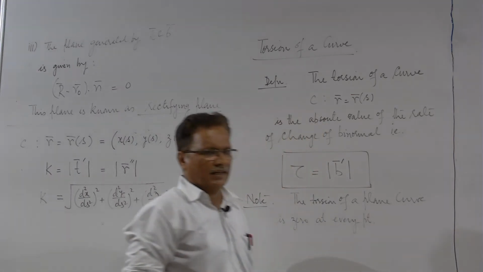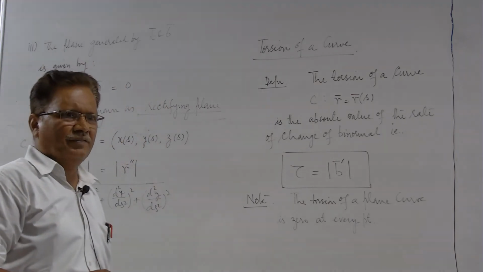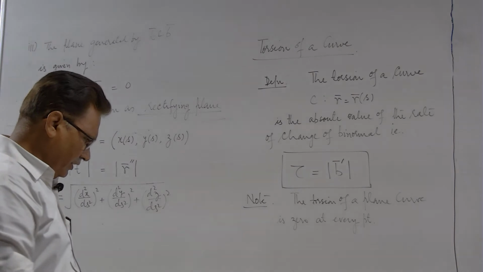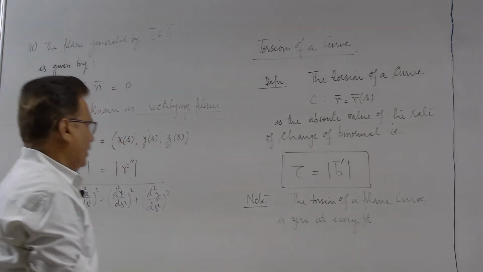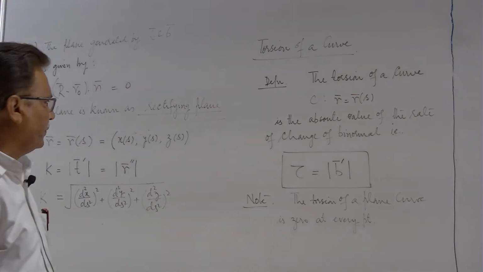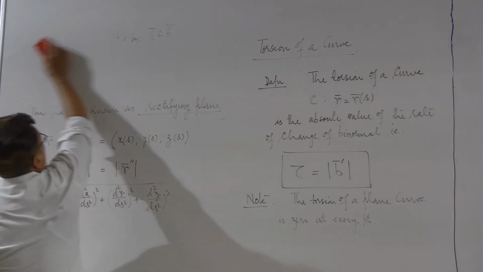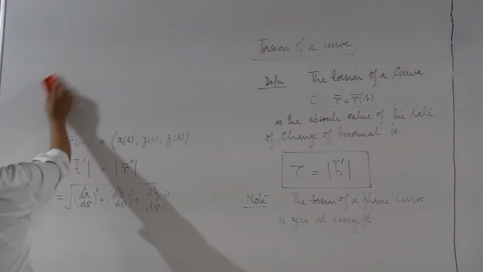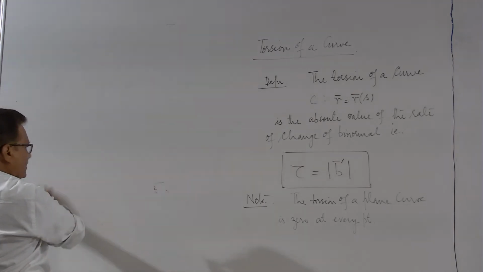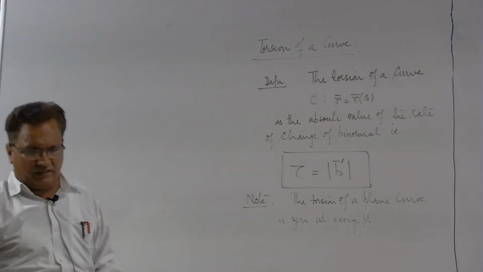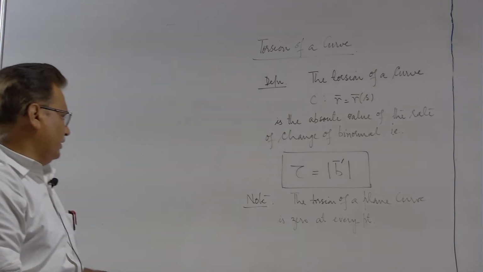In fact, this is a characterization for a plane curve. A curve is a plane curve if and only if its torsion is 0 at every point. Okay. Next, we come to the expression of the torsion. Yes, curvature characterizes the straight line, torsion characterizes the planeness of the curve.